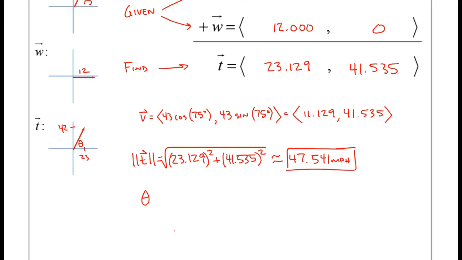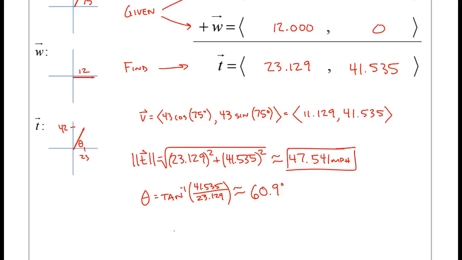So I can find theta by doing the inverse tangent of the y component, 41.535, divided by the x component, 23.129. Make sure your output is in degrees, and that turns into 60.9 degrees. So theta is 60.9 degrees.